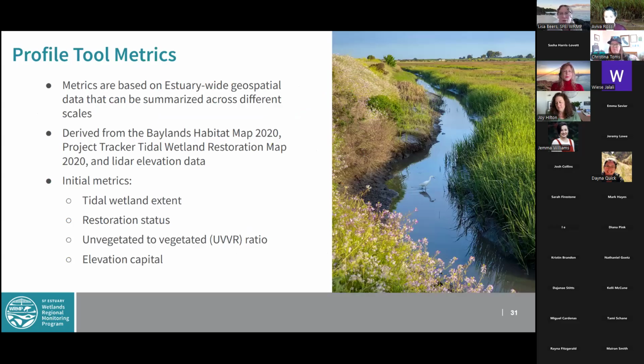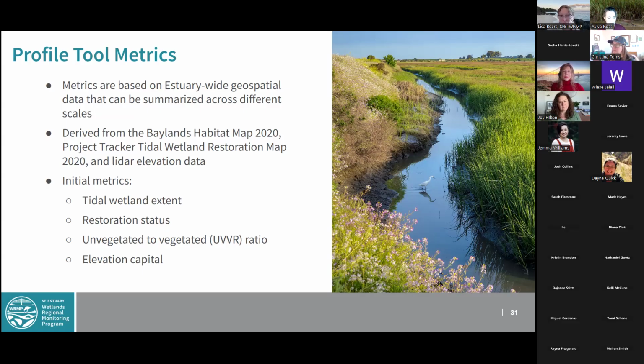Diving into what we're actually including at the moment within our metrics. All of these metrics are based on estuary-wide geospatial data that can be summarized across all of the different scales that I just presented. They are derived from a variety of products that have been developed through the WRMP, including the Baylands Habitat Map 2020, the Project Tracker Tidal Wetland Restoration Map 2020, which we refer to as the restoration map, and also elevation data.